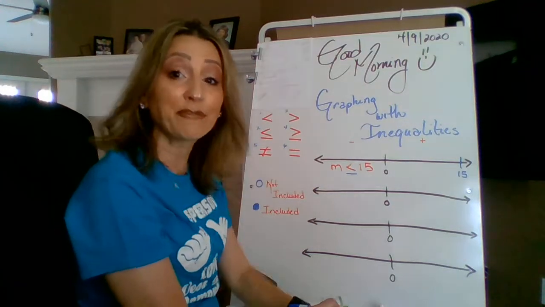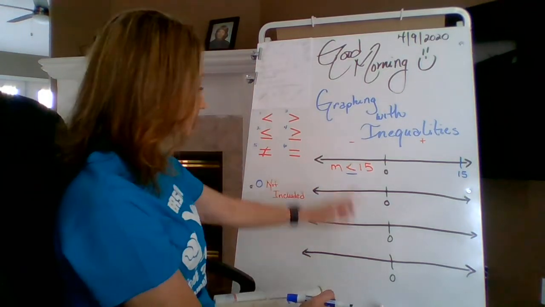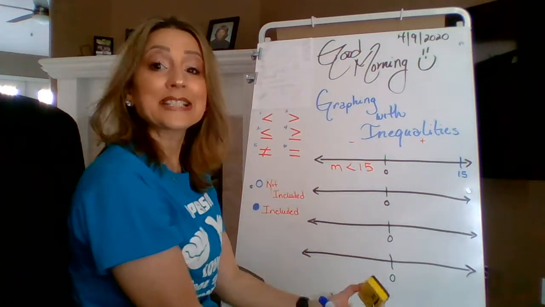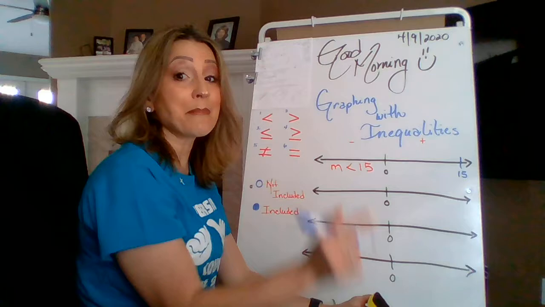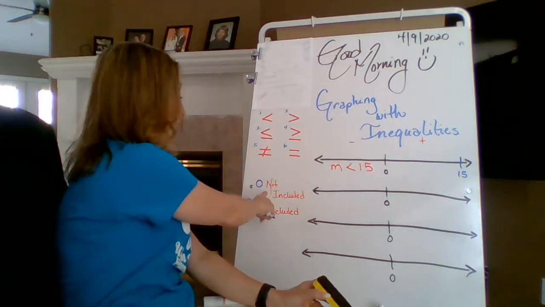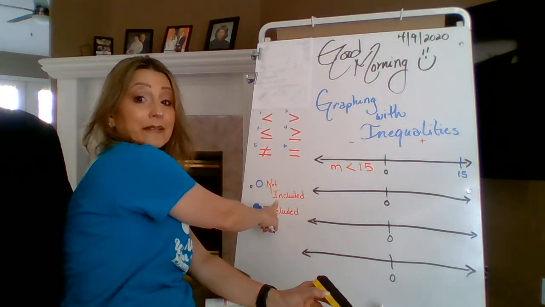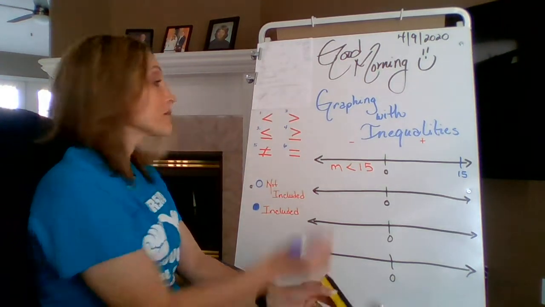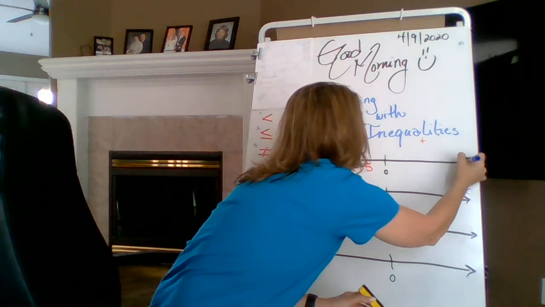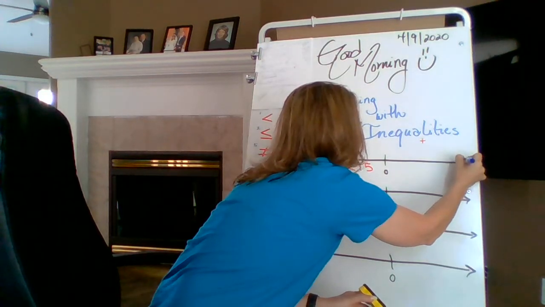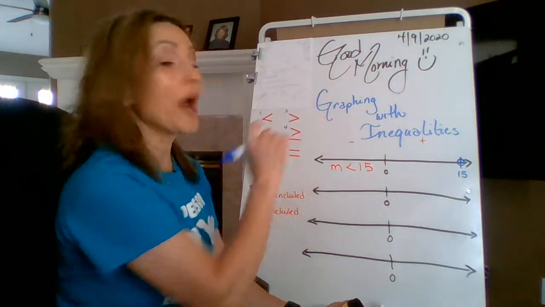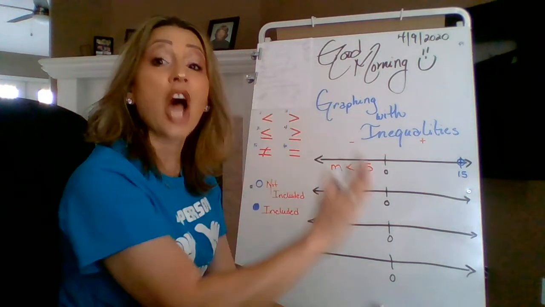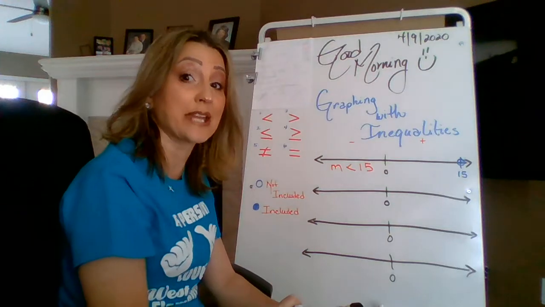And this is the big difference in graphing inequalities. My problem said m is less than 15, so that means 15 is not included. So if I want to plot m is less than 15, I want to use an empty plotting point on my number line. That means that 15 is not included in my solutions.